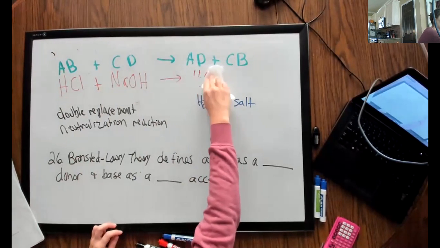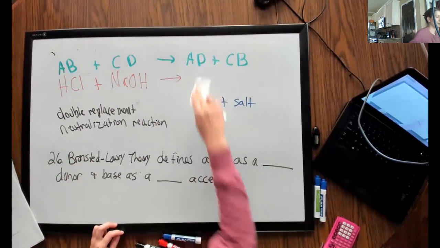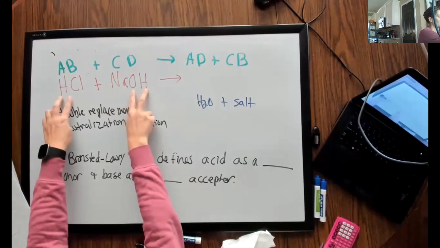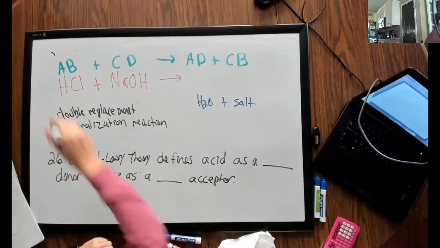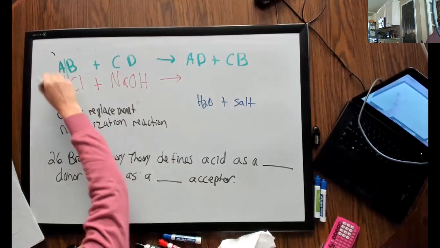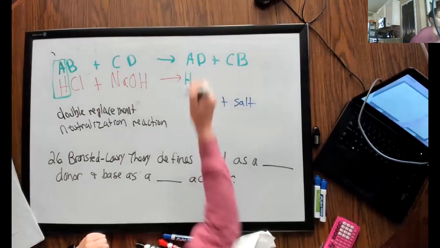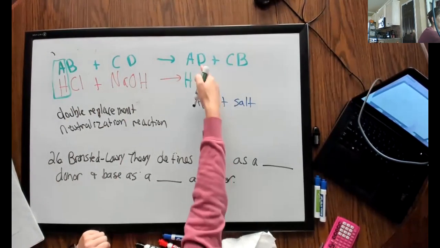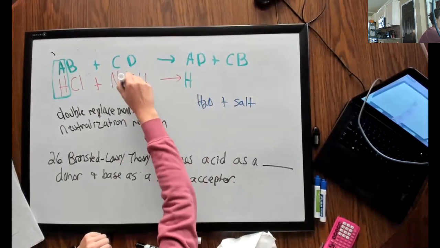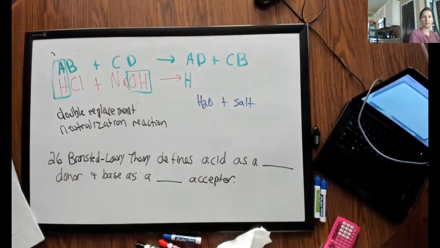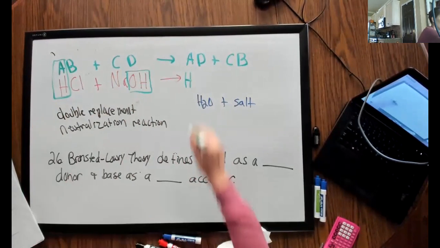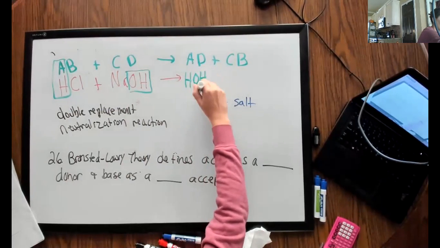So instead of writing it like this, let's write it like this. We have H is the A, and then my D is this OH hydroxide ion. So if I put H and OH together, I get H2O.